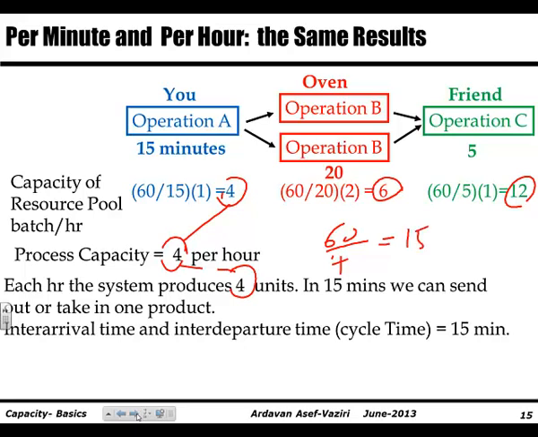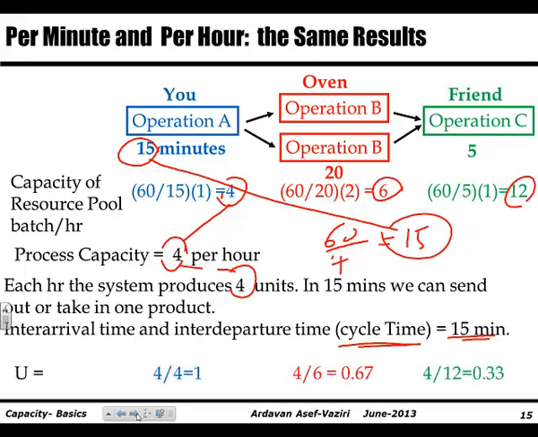Every 15 minutes, we produce 1 unit, which is the flow time at the bottleneck resource, inter-arrival time, inter-departure time, or the cycle time: 15 minutes, where the process works at 100% capacity. Utilization for the first operation is 1, for the second is 67%, and for the third one is 33%.